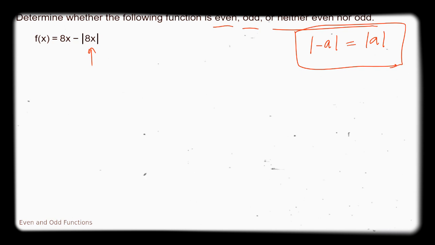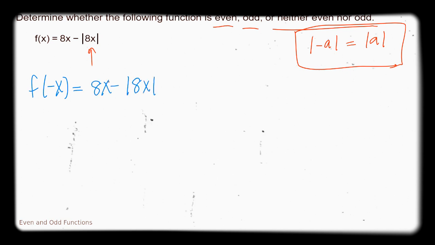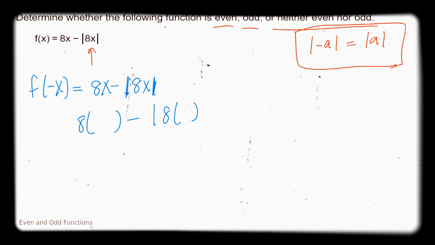So let's see that. We want to know if it's even, odd, or neither. So the first step is always changing x to negative x. Let's rewrite it. So we're changing x to negative x.